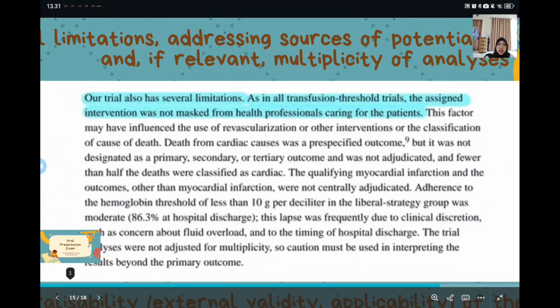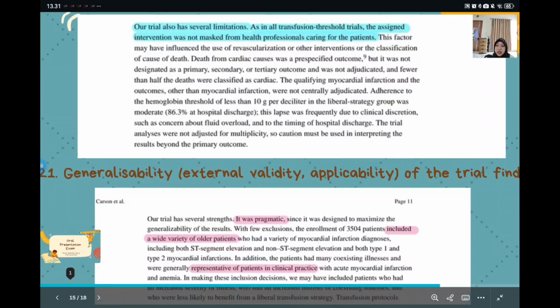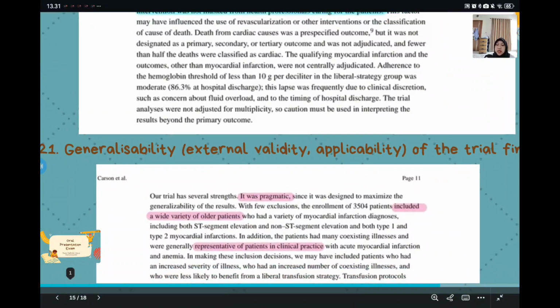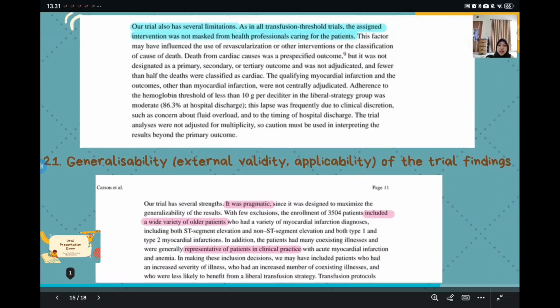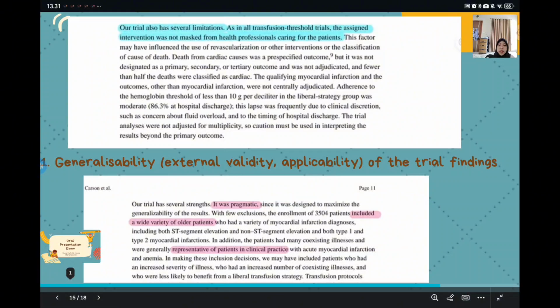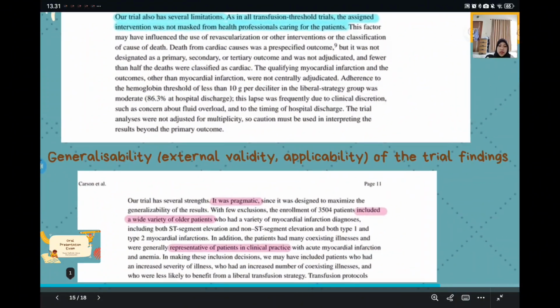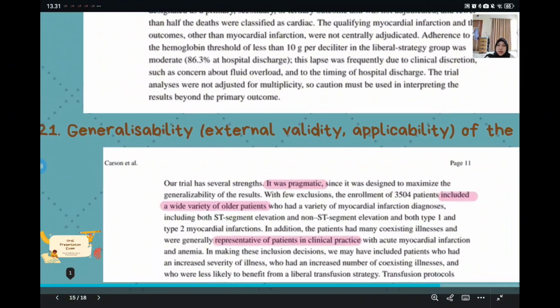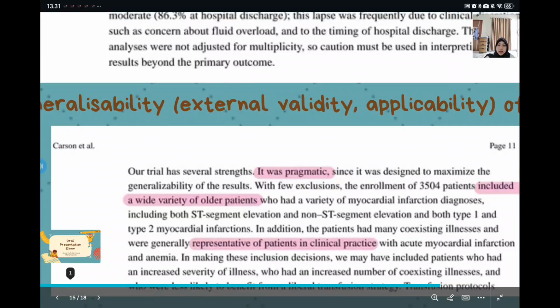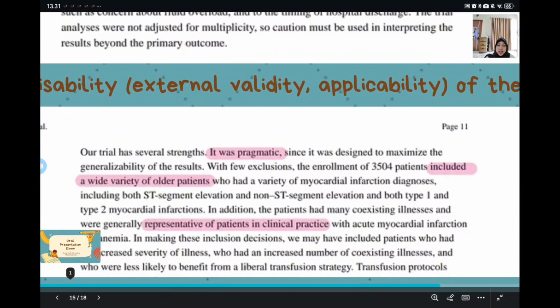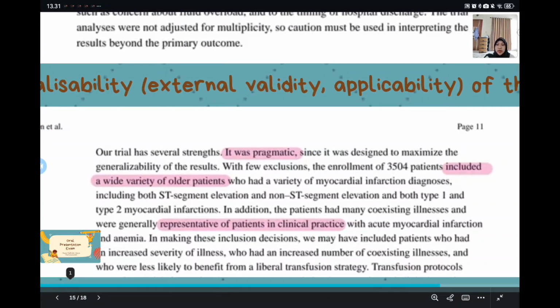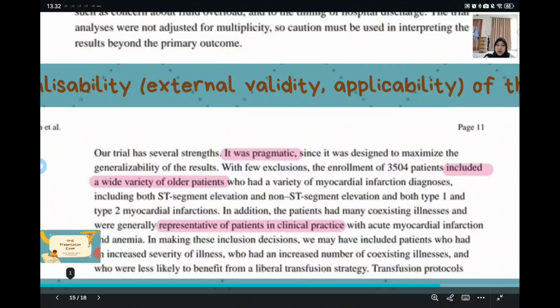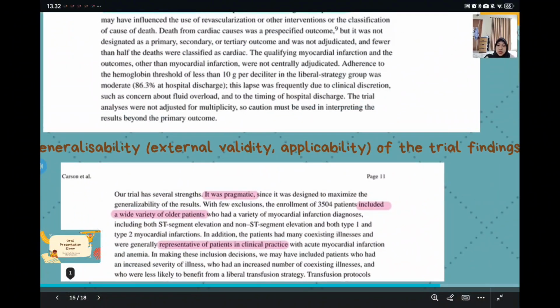The assigned intervention was not masked from health professionals caring for the patients. And the generalizability, external validity, applicability of the trial findings, it was mentioned here it was pragmatic, included a wide variety of older patients and representative of patients in clinical practice.